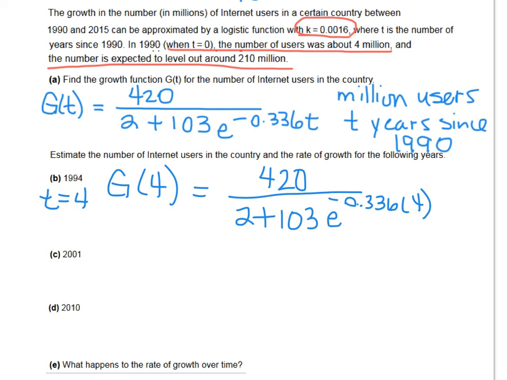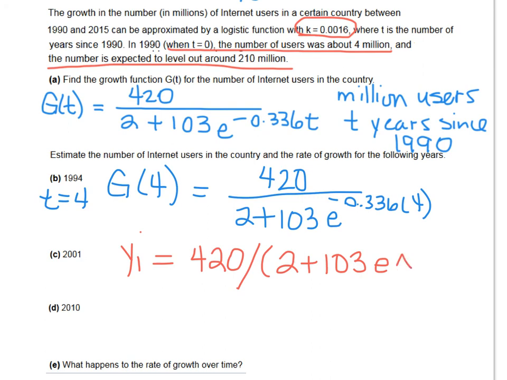So when I do that, one thing to remember is that when you're plugging this into y1, you don't have to put parentheses around the numerator because it is a single number. So it'll just be 420 divided by, use parentheses around your denominator, 2 plus 103e raised to the power, and it's automatically going to open parentheses for that.